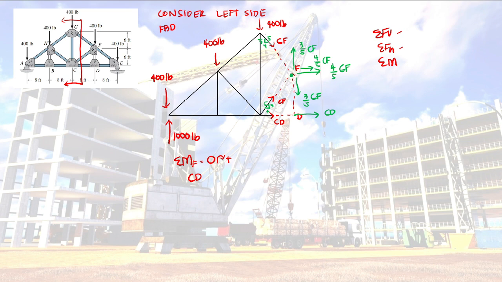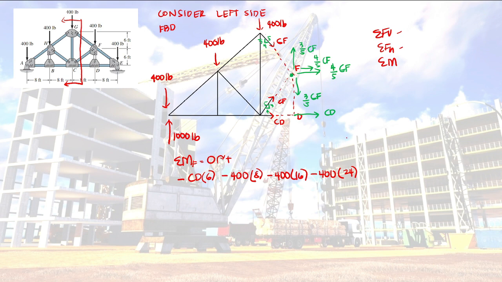CD, our moment arm here, from here to here, that is 6 meters. So, times 6, what is our rotation? Counterclockwise, so negative. Then we have, what else? Yung 400 natin, it is counterclockwise, so negative 400 times our moment arm here to here, that is 8 feet. Then here to here, that is minus 400 also, the same counterclockwise. What is our moment arm? 8 plus 8, that is 16. 400, so negative 400 times our moment arm, that is 8 plus 8 plus 8, that is 24.